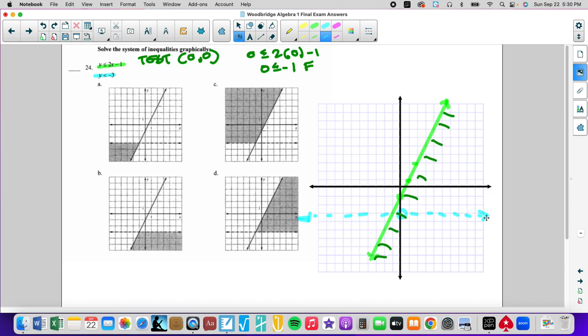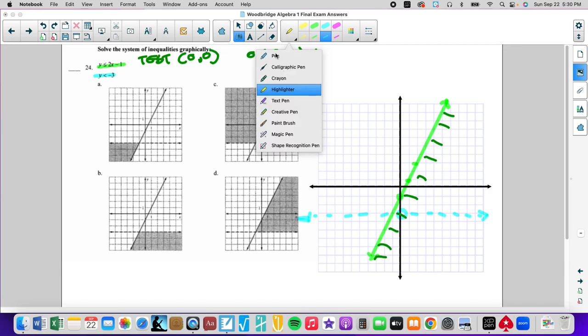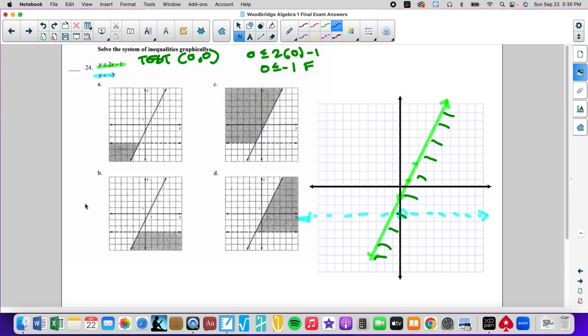And we're going to test 0, 0 again. My y value is 0. Is 0 less than negative 3? That's false also. 0 is not less than negative 3. So this would be false, and so this would be true. All the true values would be in this location.